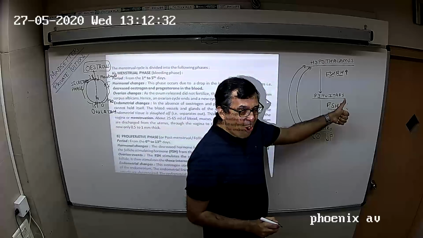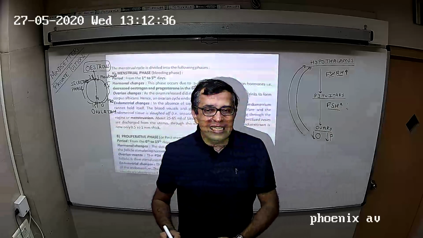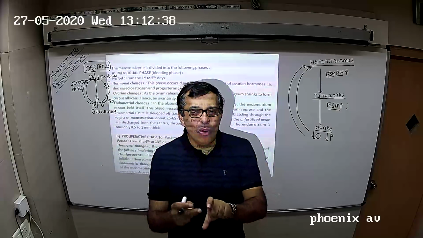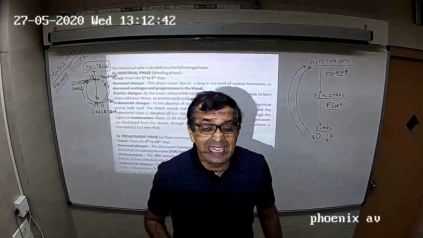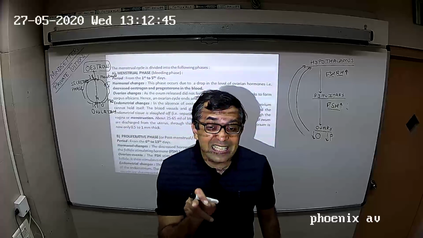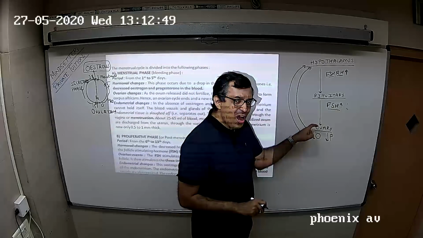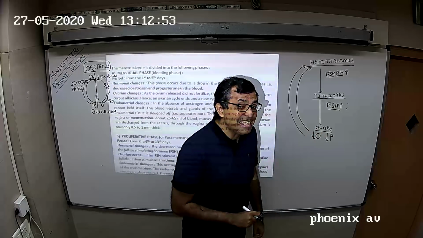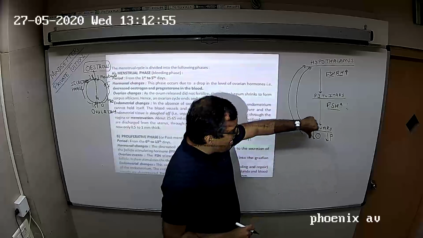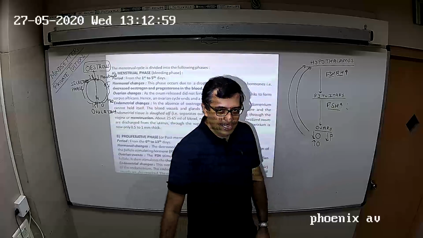Follicle stimulating hormone will act on the ovary, and FSH stimulates the follicle, stimulates the theca interna of the secondary follicle, and theca interna getting stimulated starts releasing estrogen, and the level of estrogen will become high.